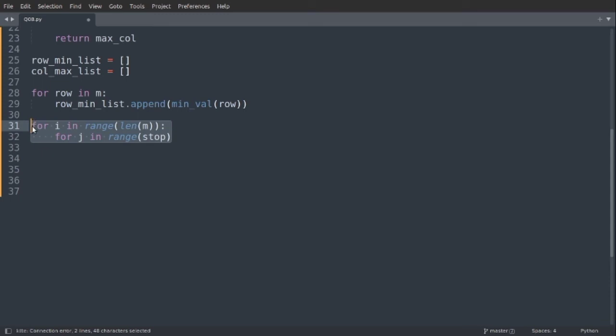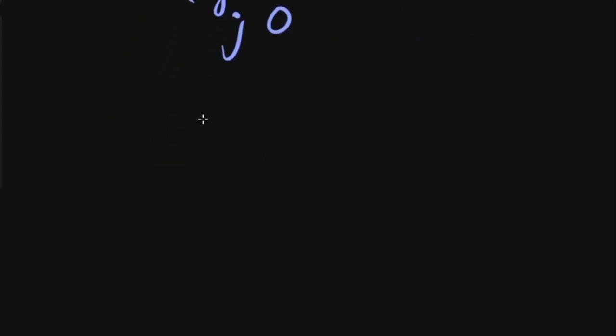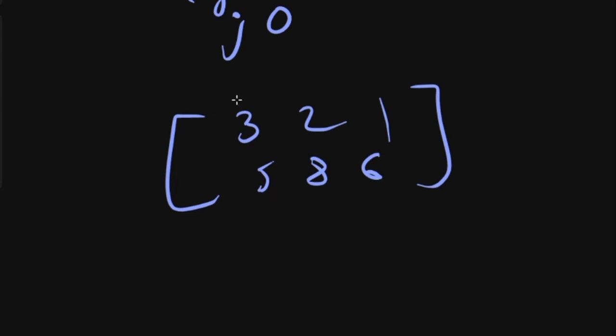Instead of this, we can directly do it using a simple trick, but let me just show. Here if I consider 3 2 1 5 8 6, the indices are 0 0, 0 1, 0 2. This is 1 0, 1 1 and 1 2.